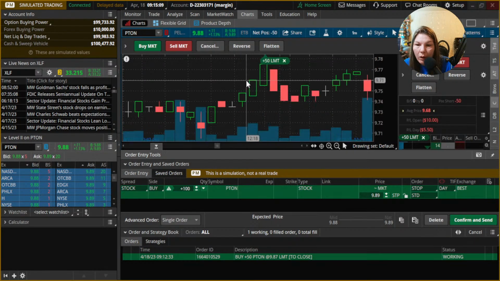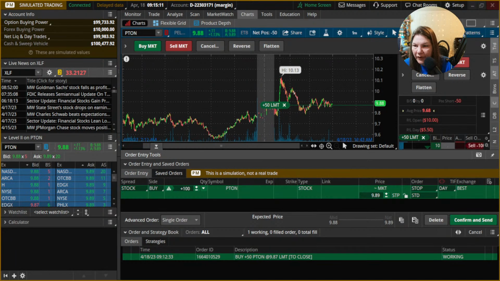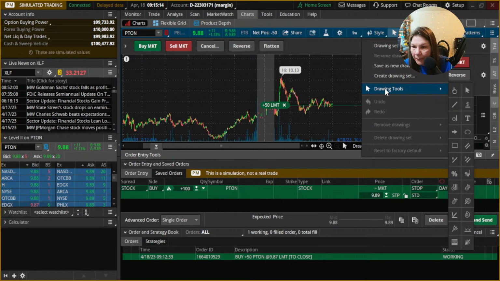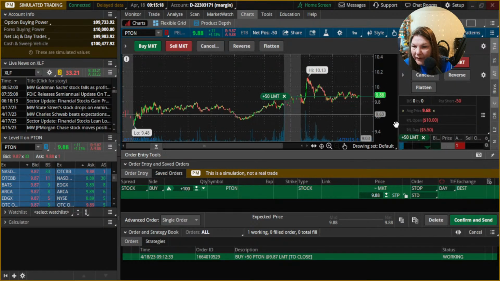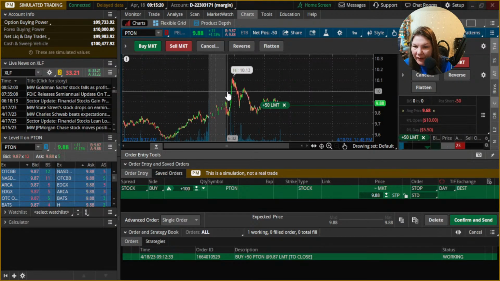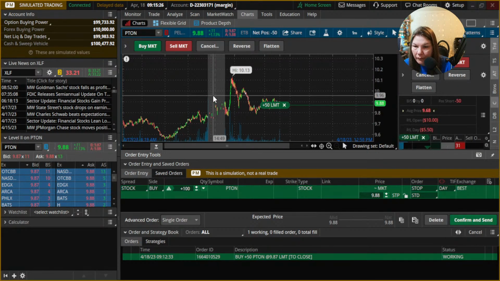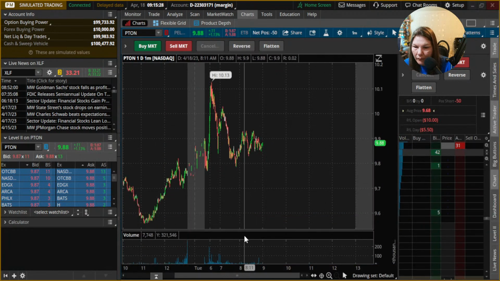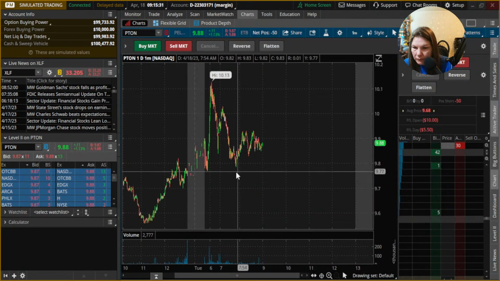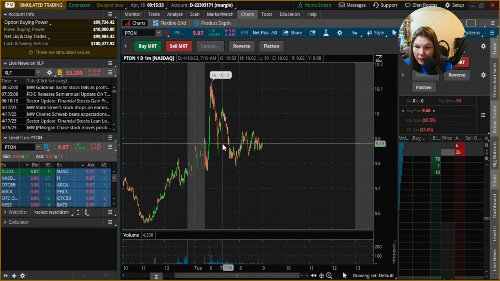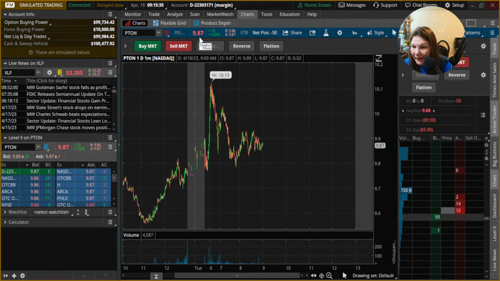Oh, you got to go over here, guys. Drawing tools, and this is a pointer. Look at my little pointer. He's got a hand. Drawing tools. This guy. So this is the Peloton, Peloton selling for $987.